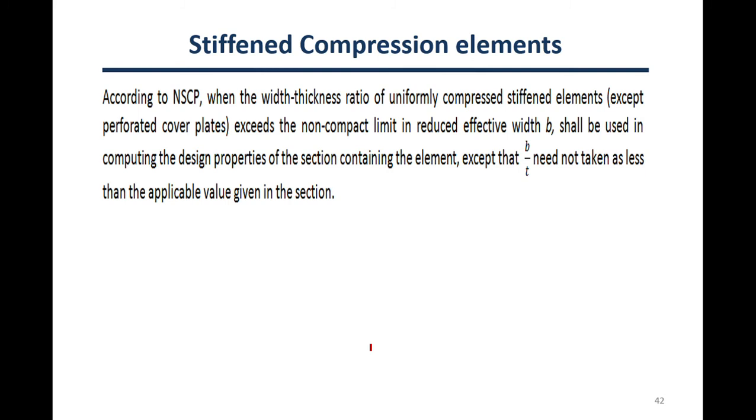So, according to NSCP, when the width-thickness ratio of uniformly compressed elements, except perforated cover plates, exceeds the non-compact limit, a reduced effective width, B, shall be used in computing the design properties of the section containing the elements, except that B over T need not be taken as less than the applicable value given in this section.